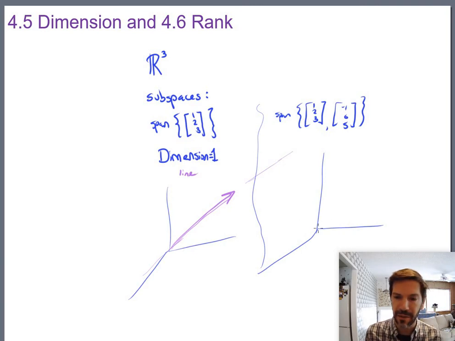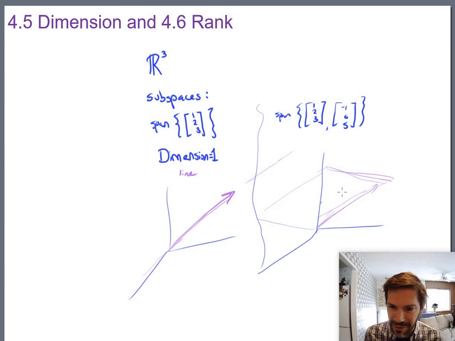So that means not only can you move this way, but you can also move off this way. It's so hard to draw planes on top of axes, but what you get is a plane. You get a flat sheet in three-dimensional space.